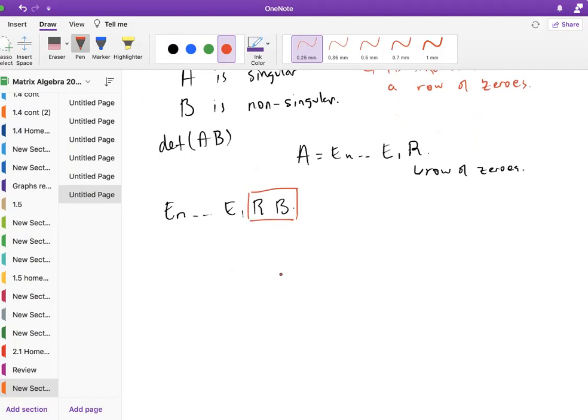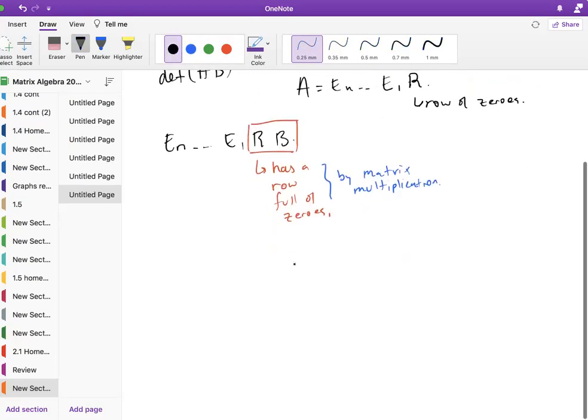If R has a row full of zeros, what do you know about the product RB? It also has a row full of zeros. Why is that? Just matrix multiplication, right? All right, cool.